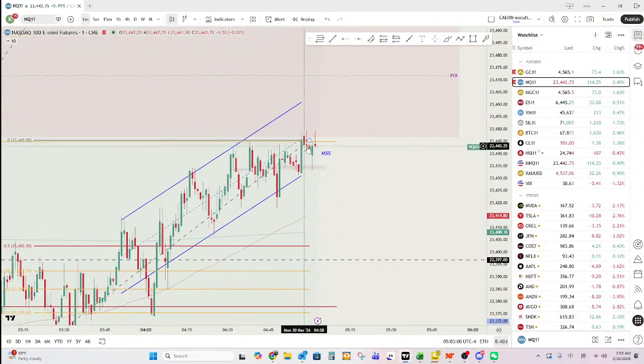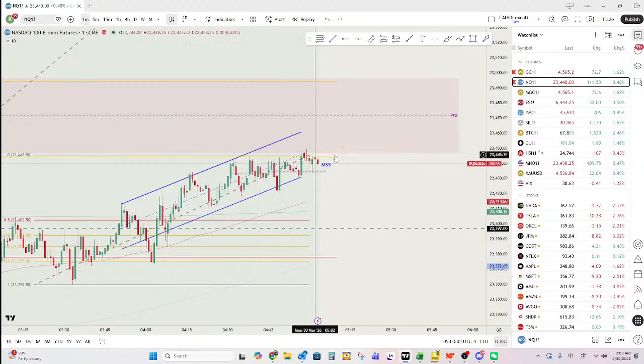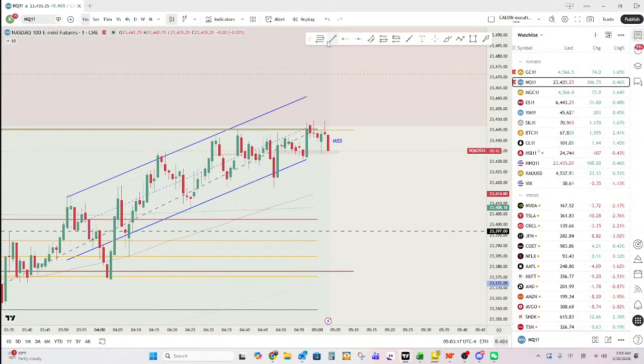See there is a strong rejection at my point. See that one? This area. Every time the price touches this area, it gets strong rejection there. So alright, this is a good reaction here.